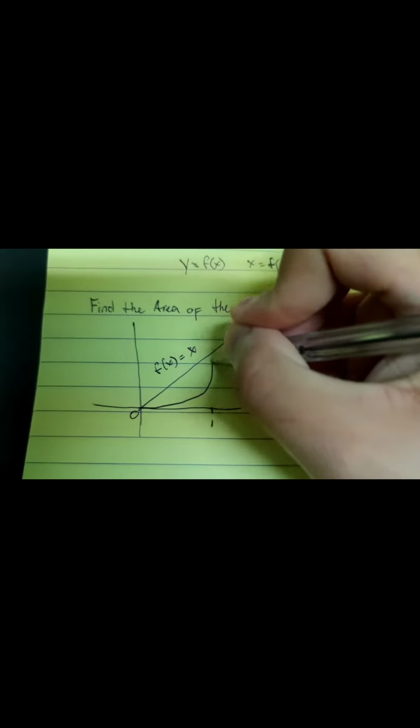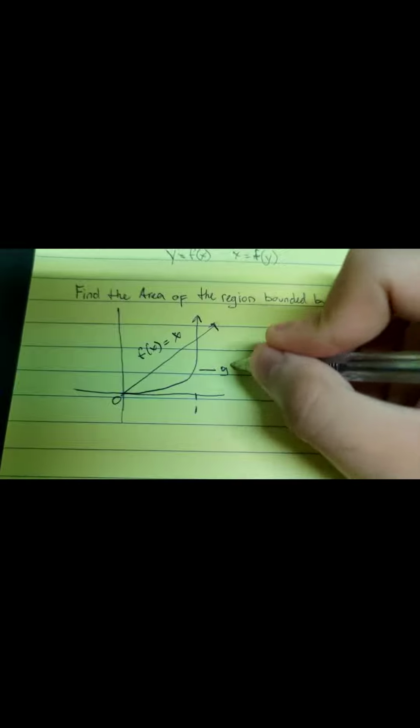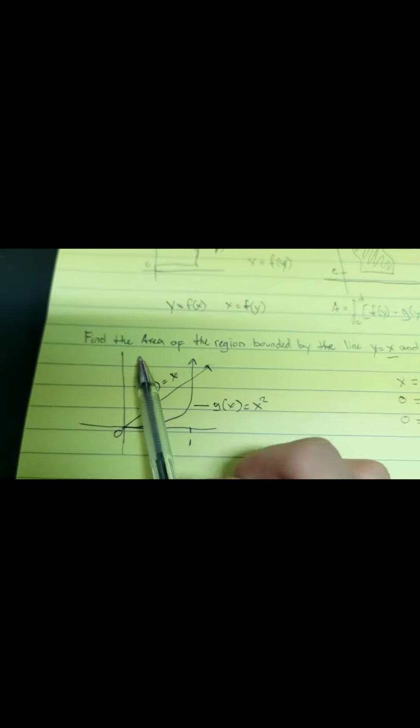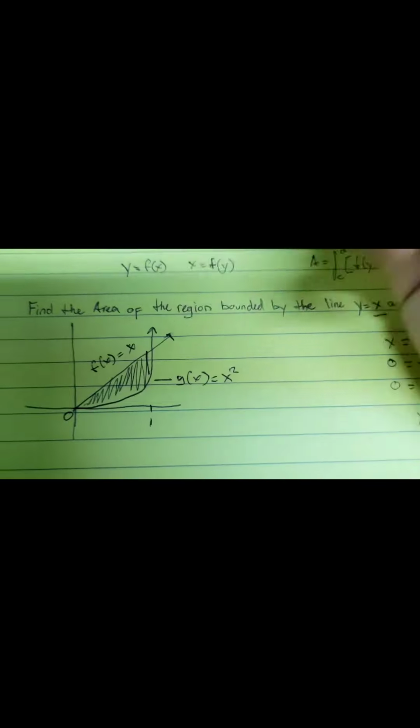So we're gonna have here a line like this, and this one will be our g of x equals x squared. And in our question, find the area of the region bounded by the line. So we're gonna find this area, this one.